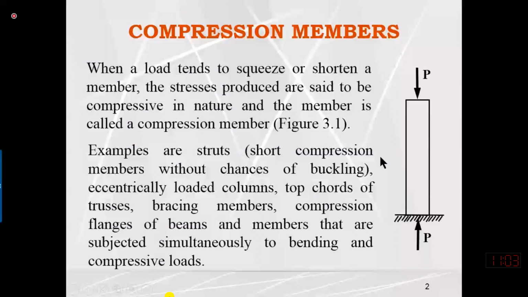Then we have to study how a member behaves differently when it is subjected to tensile forces and compressive forces. We have already discussed that if we have a tension member that is initially crooked, meaning it is not perfectly straight, and even though the load is not concentric, meaning it is not acting at the center point, as you will see in the upcoming slide, there will be no effect on its tensile capacity.